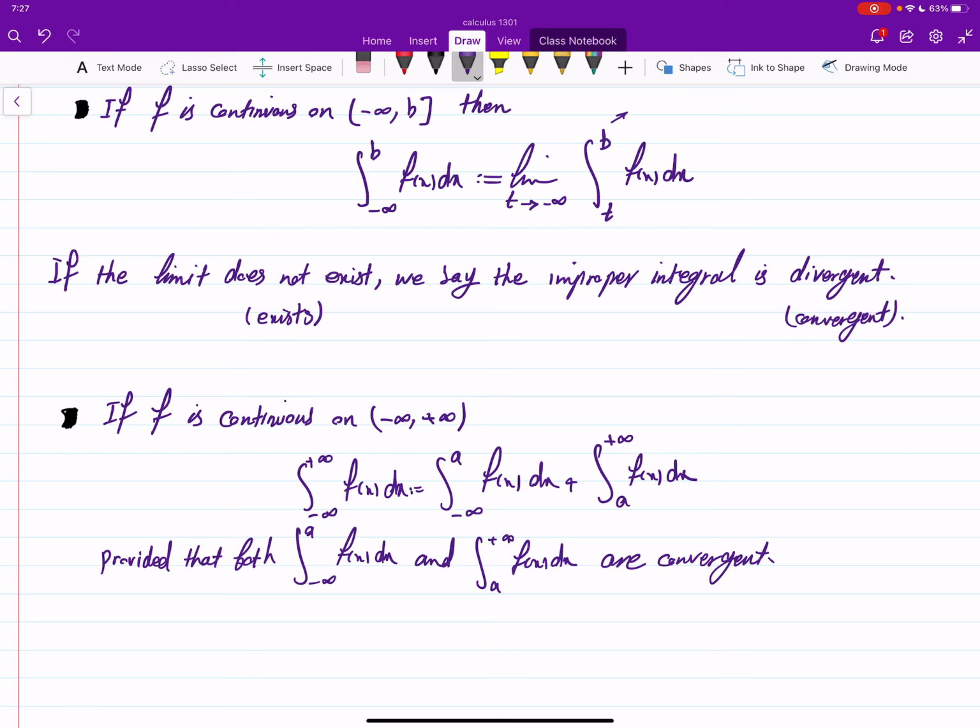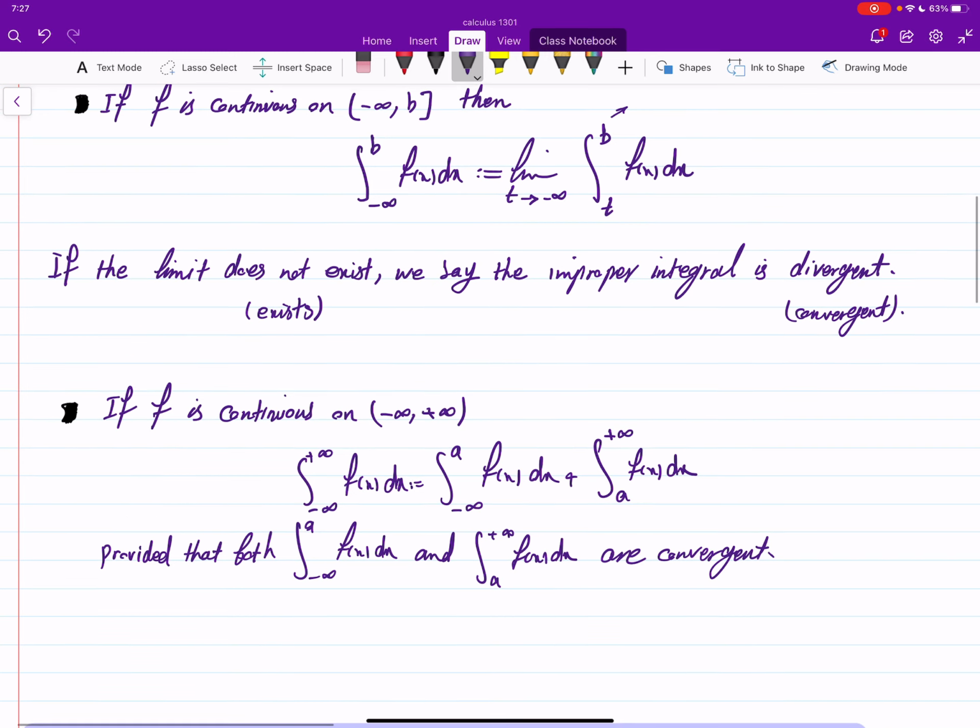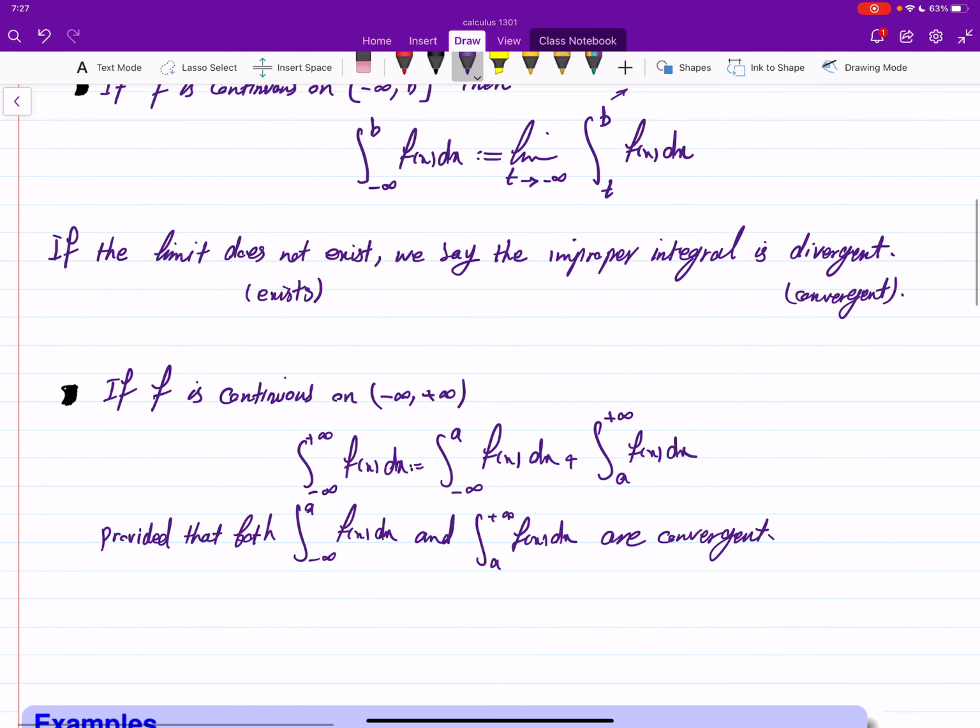What if one of these two integrals is divergent? Then the integral from negative infinity to plus infinity will be divergent. Okay? So both of them must be convergent, and then you add the values, and that will give you the value of the integral from negative infinity to plus infinity.